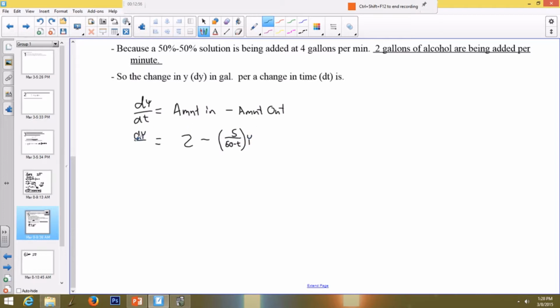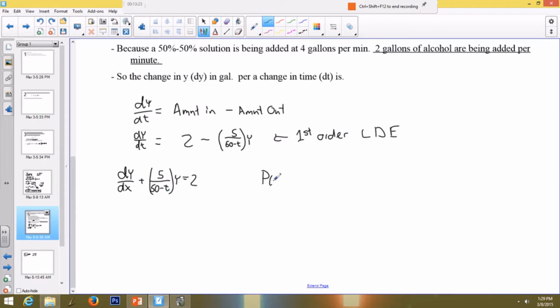So dy over dt, this is a first order linear differential equation. All right. So we want to get it in that form. So we're going to say dy over dt plus 5 over 50 minus t times the quantity y is equal to 2.